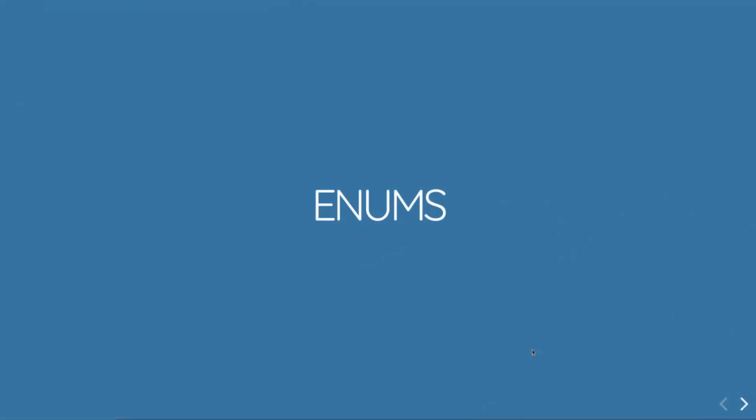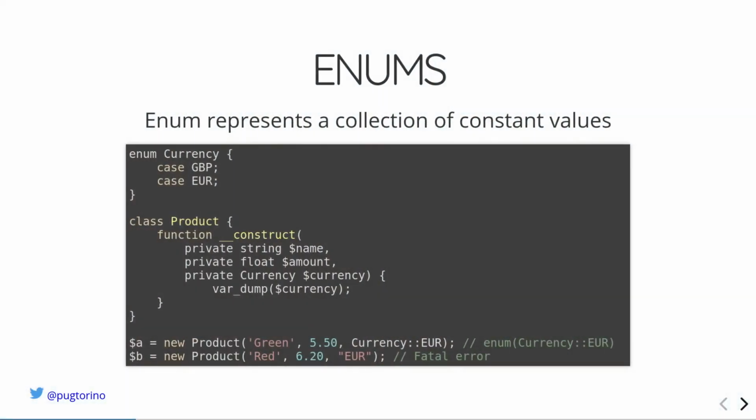So let's jump to the first topic, the first big feature. In my opinion, this is the most interesting feature in PHP 8.1, that is enums. So what are enums? Enums represent a collection of constant values, and this is the syntax, how you can specify an enum in PHP 8.1.